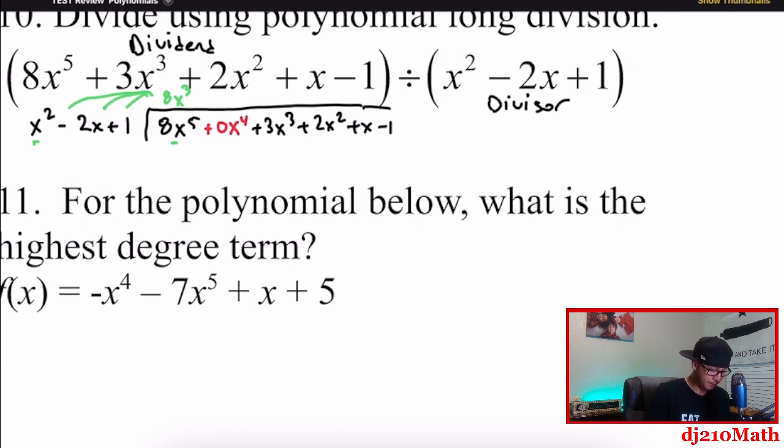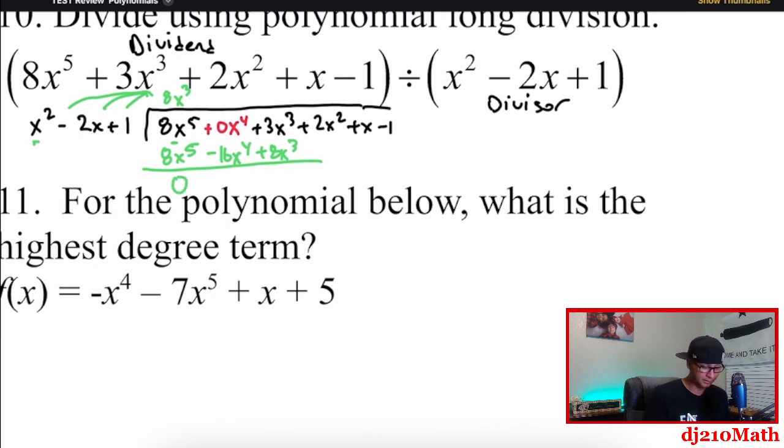So this is going to be 8x to the 5th. Right, that's by design. It's supposed to match. Then negative 16x to the 4th plus 8x cubed.